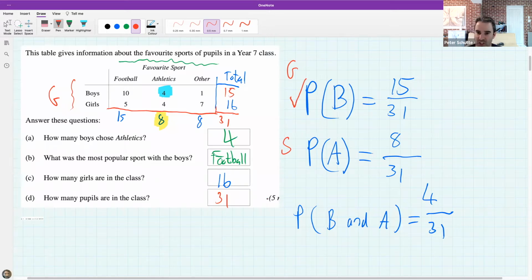So all we need to check is what is the probability of B. Now we're going to do a couple of these today. The first time you see this is a bit weird, but can everybody work out what is 15 over 31 times 8 over 31? Give me a decimal.